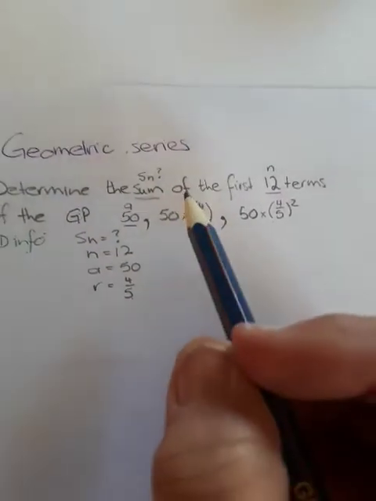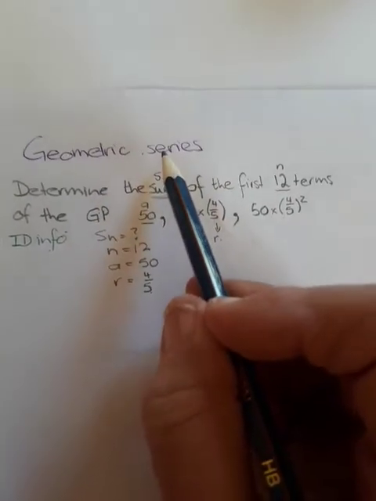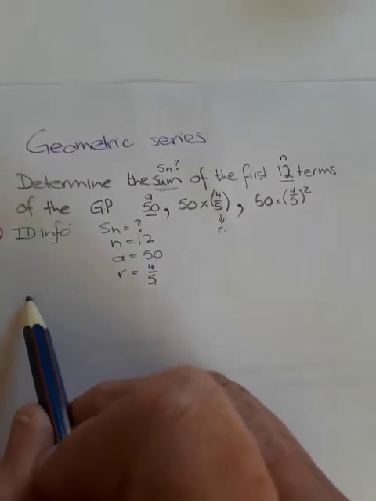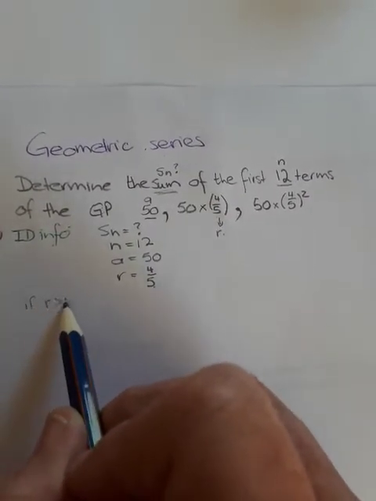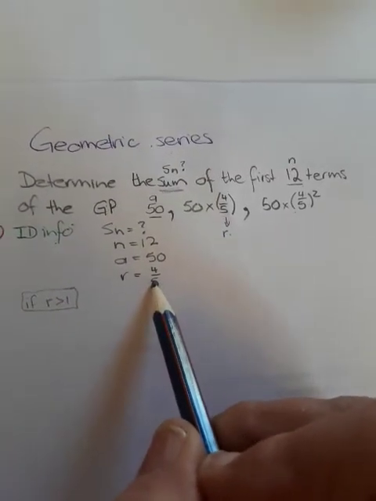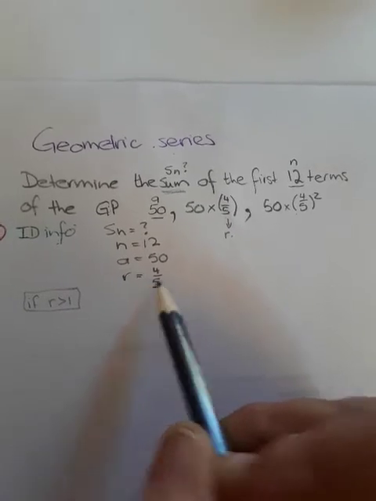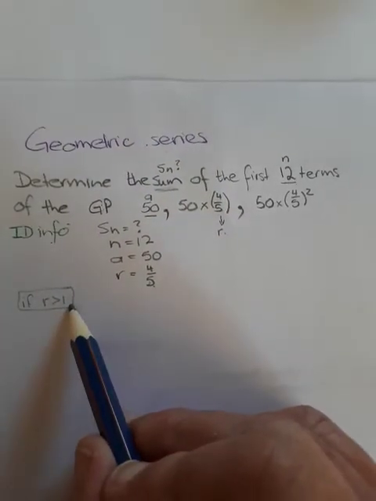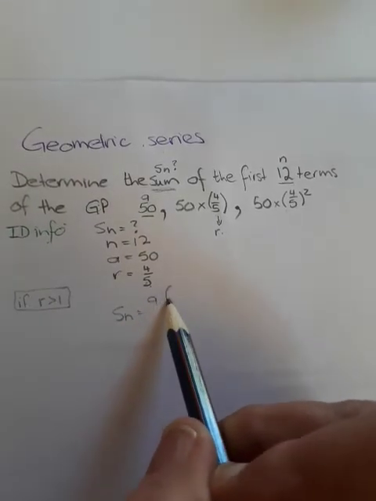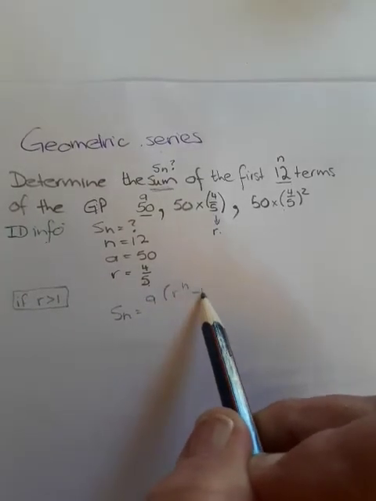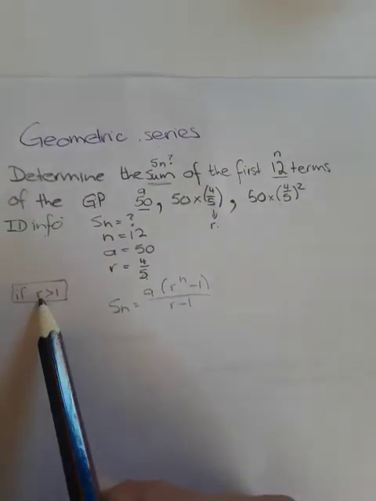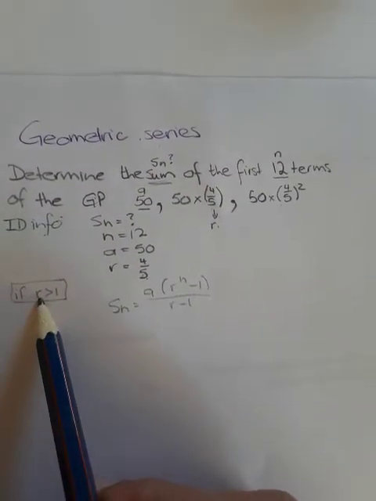Okay. Now remember I taught you the one formula for the geometric series, and the formula I taught you was if r is greater than 1. Okay, but if you look at this one, r is less than 1. So I told you that you must then learn this formula. We learned that Sn equals a r to the power of n minus 1 over r minus 1, which is the formula for ratio being greater than 1.